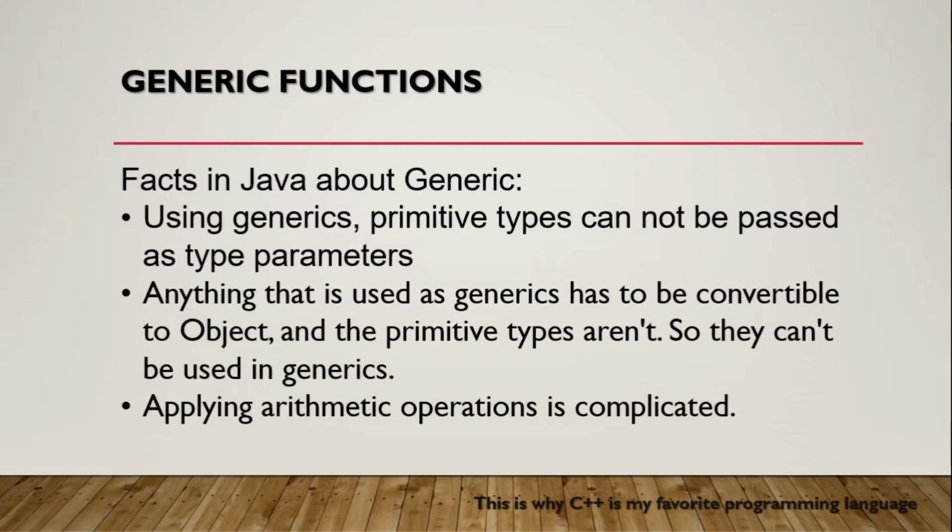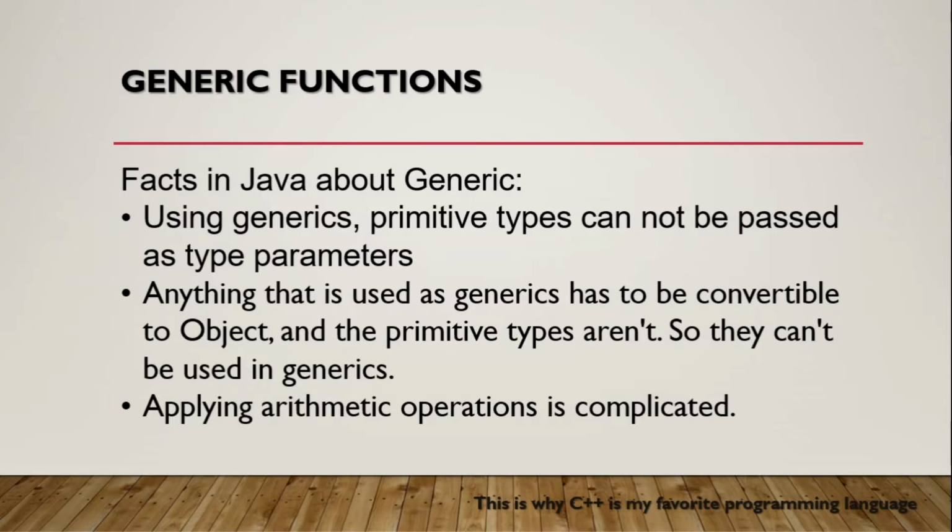Anything that is used as a generic has to be convertible to an object. And primitive types are not, so you cannot use generics with primitive data types. And also, if you try to apply arithmetic operations, it's going to be a lot more complicated. I want you to put those 3 points in your mind because I'm going to show them in an example.